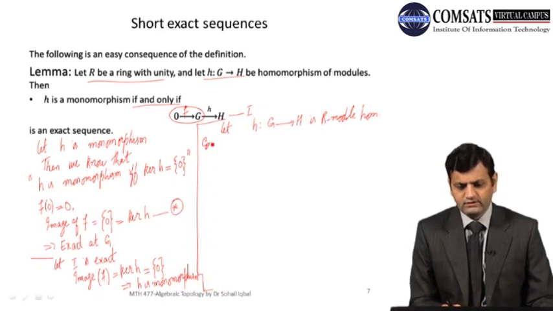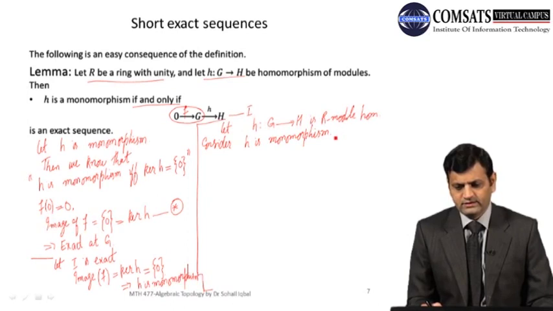So consider h is a monomorphism. Then it means that h of a equal to h of b implies that a is equal to b. Now we want to show that the kernel of h is equal to 0.